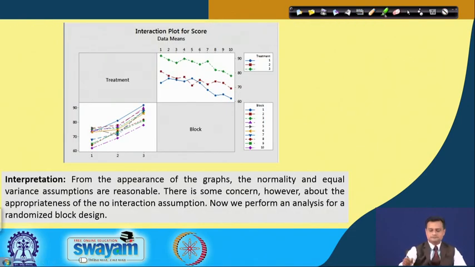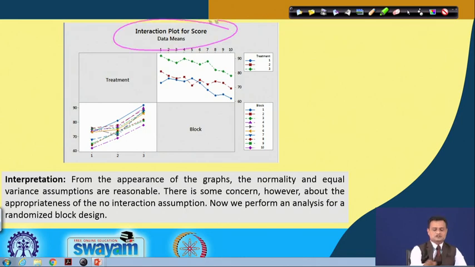So you will have the interaction plot for the scores, and what you can see here is that from the appearance of the graphs, the normality and the equal variance assumptions are reasonable. There is some concern, however, about the appropriateness of the no interaction assumption. So you are not very confident to say that there is no interaction.